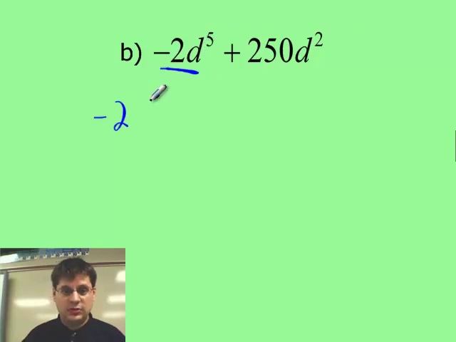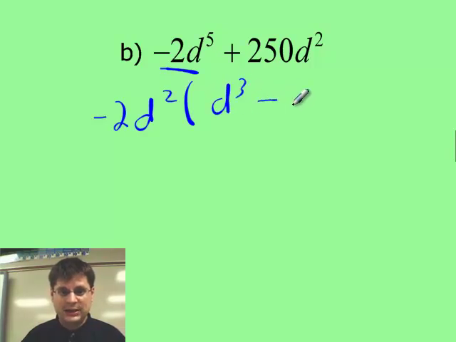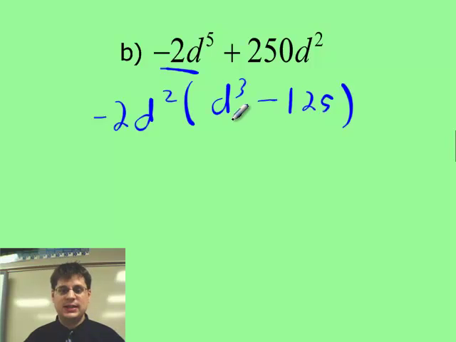since there's 5 here and 2 there, so it'll be -2d squared, and then I'll be left with positive d cubed minus 125. Okay, so now what's left inside the parentheses is a difference of cubes.